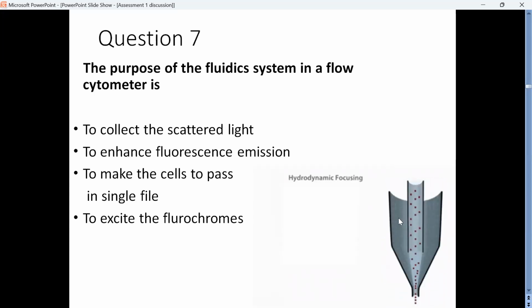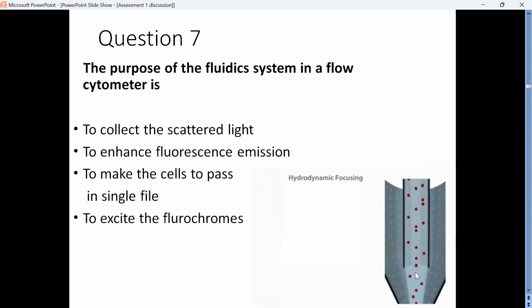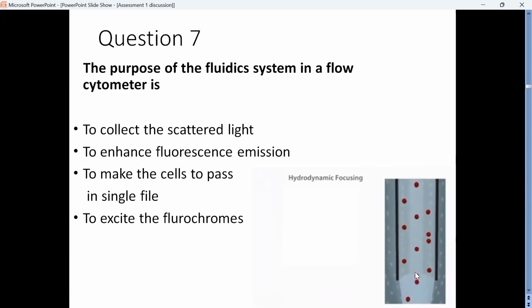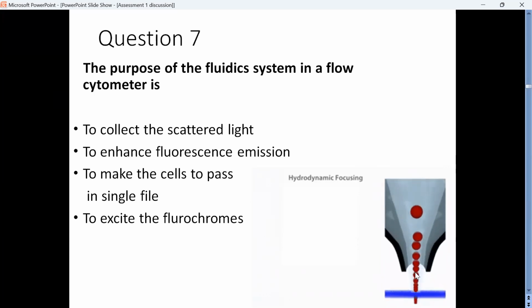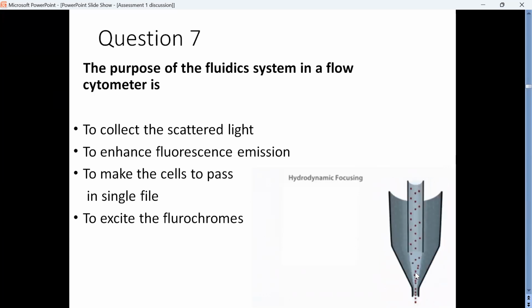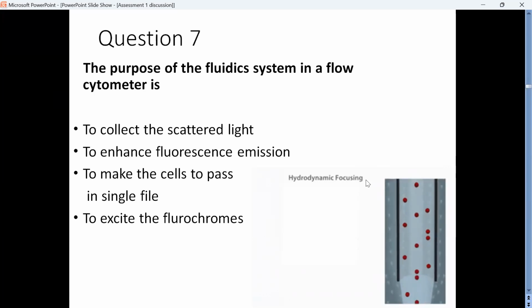When the sheath fluid comes to the narrowing area of the flow cell, the velocity increases, and these randomly arranged cells are made to pass in a single stream, or single file pattern, which is called hydrodynamic focusing. So the purpose of the fluidic system in a flow cytometer is to make the cells pass in a single file, which is called hydrodynamic focusing.